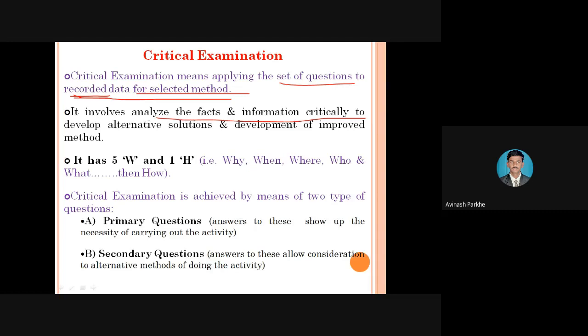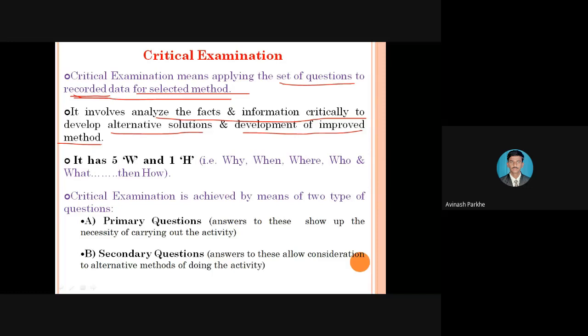Such processes we do in this critical examination, and through this process you will get the alternative solution. If I go for the modification in the existing method, then only can I go for alternative solutions, or sometimes I can develop a new method also.